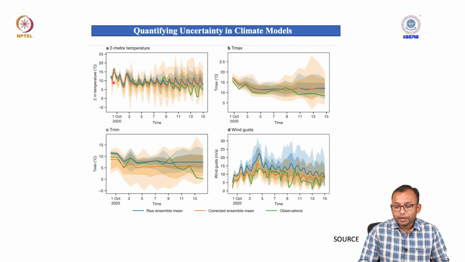Initially you can see that the raw ensemble mean is completely away from the observed data set, which shows the higher uncertainty in higher time durations. So you can compare your observed data set with the raw ensemble mean and the corrected ensemble mean, and then we can quantify what our overall accuracy of the corrected ensemble mean modeling is compared to the observed data set.